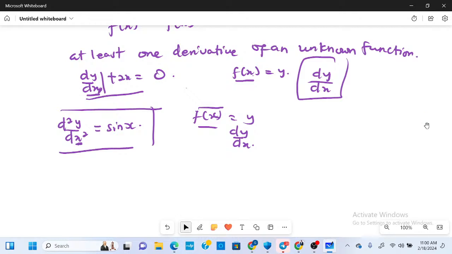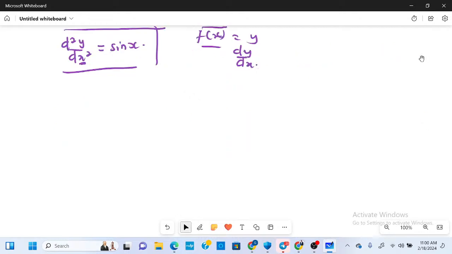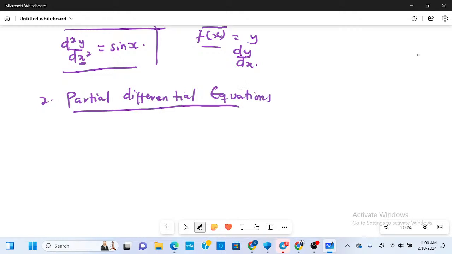Let's move to the second type of differential equations, which we call partial differential equations. When we talk about partial differential equations, all that we mean is we have a function of multiple variables.